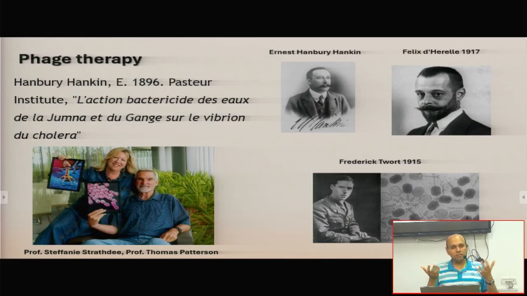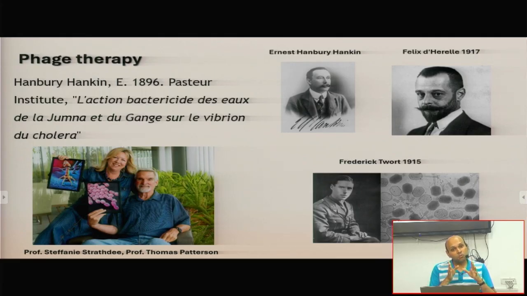So this is another example. Phage therapy, you might have heard already, but this research paper says "la action bactéricide de la Yamuna et du Gange sur le vibrio du choléra." Maybe you don't understand that, but it is saying the bactericidal action of the water of Jamuna and Ganga on Vibrio cholerae.